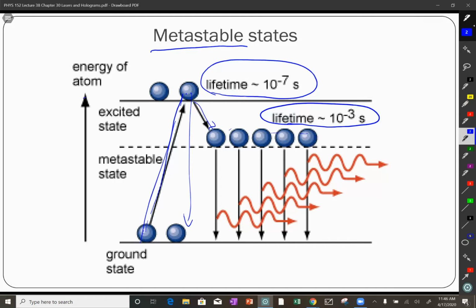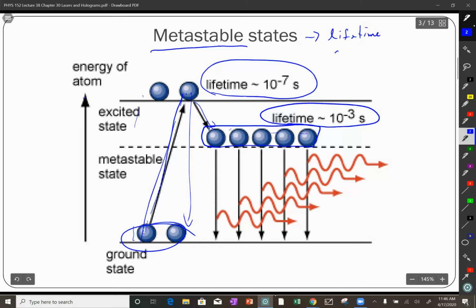So if I have what we call complete pumping, if I excite all of my electrons up to the excited state, so I have none down here in the bottom, then after the pumping, I'll end up with all my electrons in this metastable state. And that's an important thing for lasers. But first, just make sure we understand metastable states. Lifetime on the order of 10 to the minus 3 seconds before it decays.